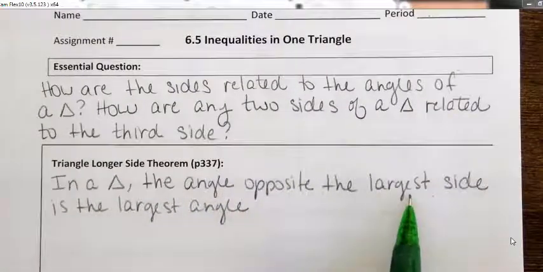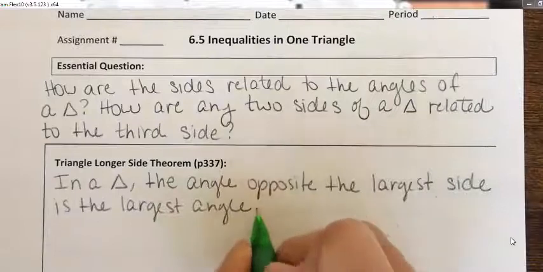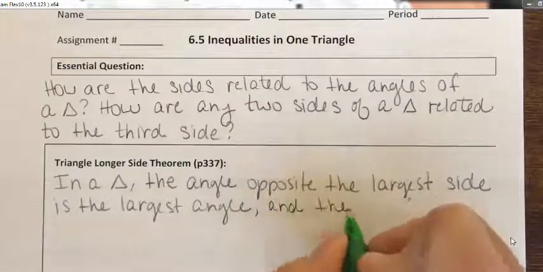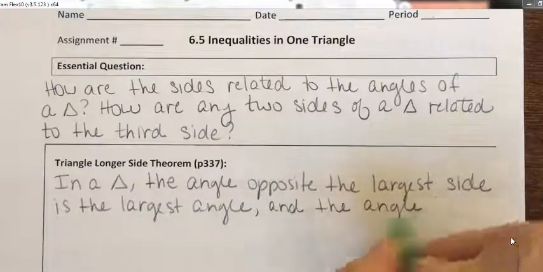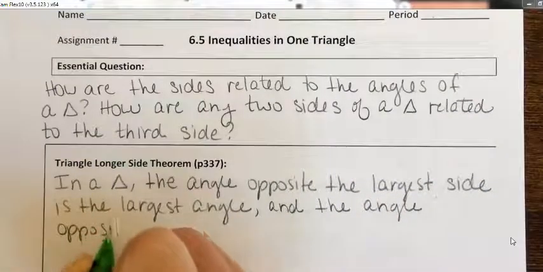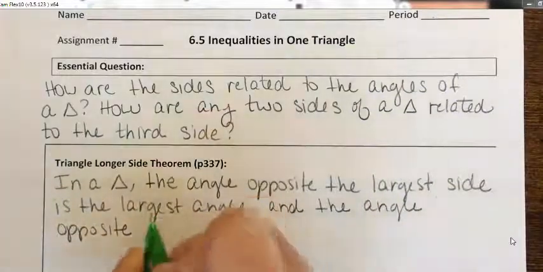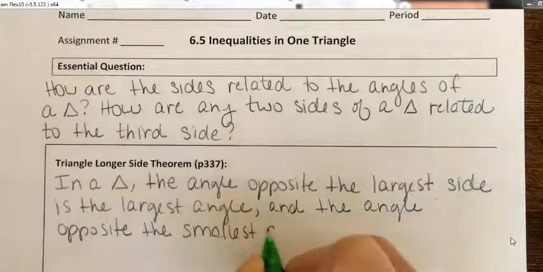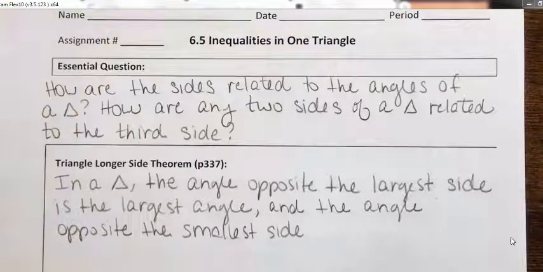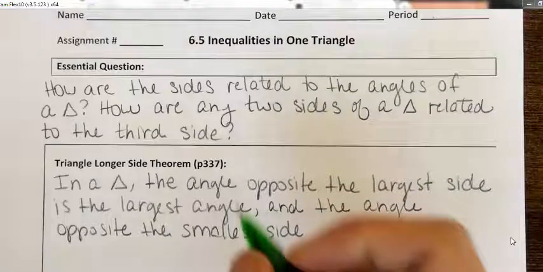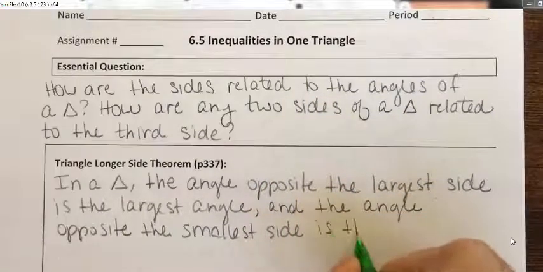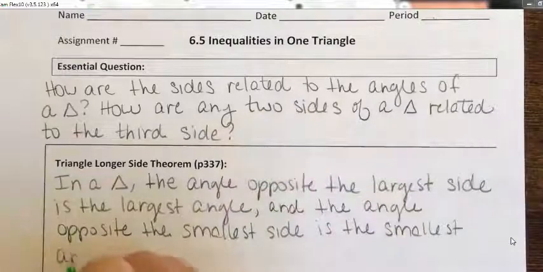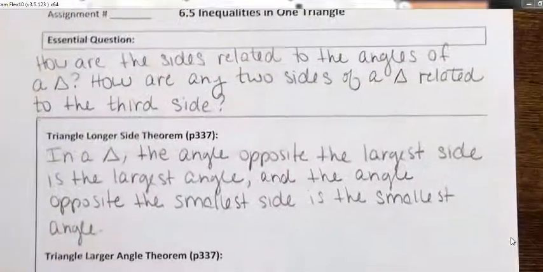Because it's encompassing the largest side. And the angle opposite the smallest side is the what? Hopefully you guys know this. Is the smallest angle. Which makes total sense, I think.